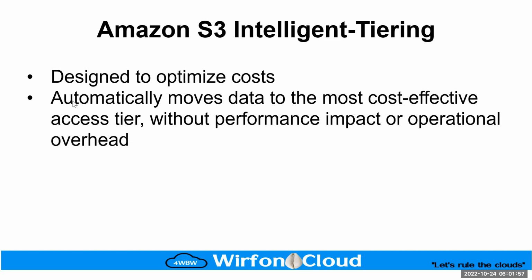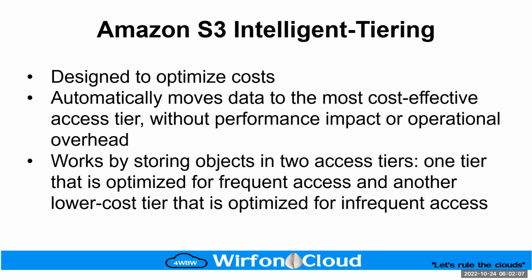As it says here, it automatically moves data to the most cost-efficient tier or storage class without performance impact or operational overhead. It works by storing objects in two access tiers: one tier that is optimized for frequent access data, and another low-cost tier that's optimized for infrequent access.